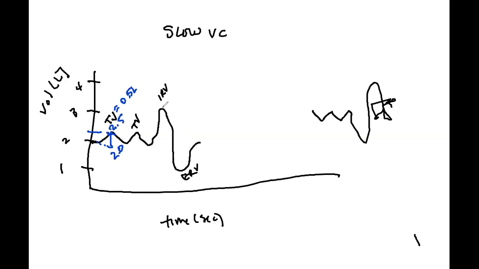How would you calculate the IRV then? Remember, inspiratory reserve is how much you can inhale past normal. Normal was the peak of your tidal volume, which was 2.5, right?